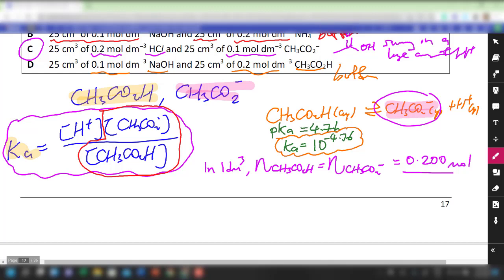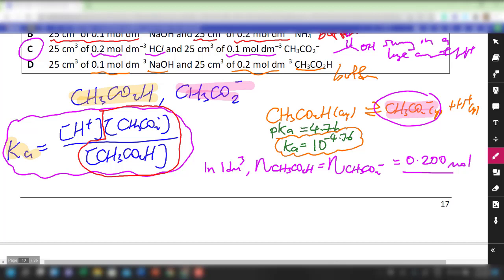And of course, when you add in sodium ethanoate, you expect the ethanoate to hydrolyze to give you ethanoic acid and OH-. But because of the presence of ethanoic acid, you don't expect ethanoate to hydrolyze to a significant extent. Therefore, you can approximate the amounts of ethanoic acid and ethanoate to the same amount which you added at the start. That will make your calculation very straightforward.